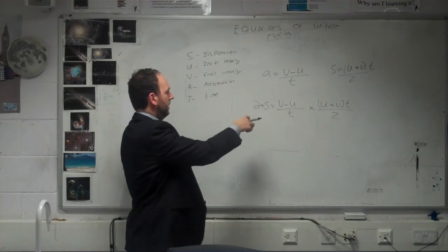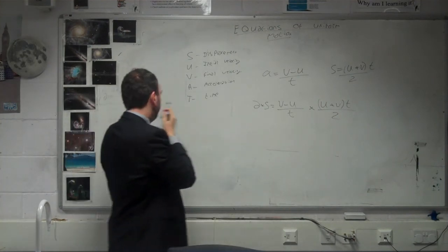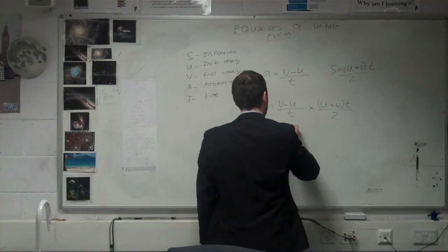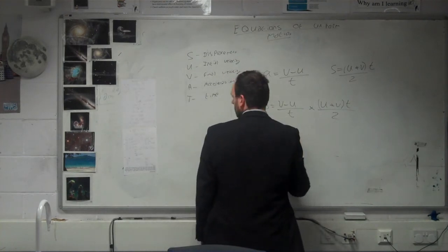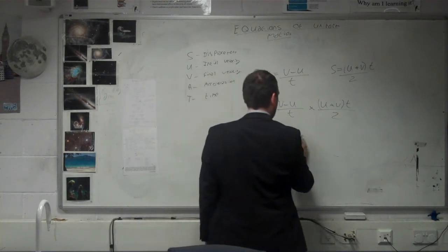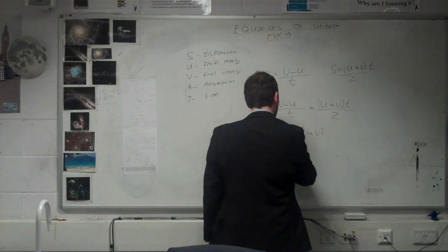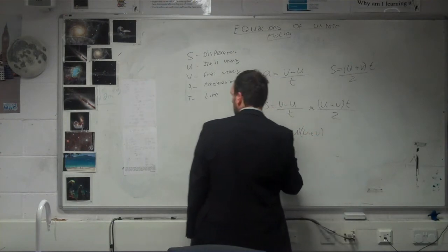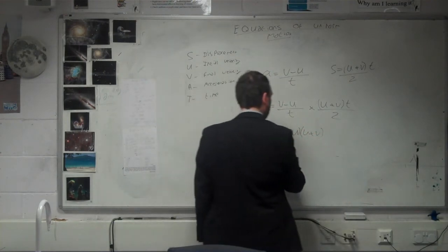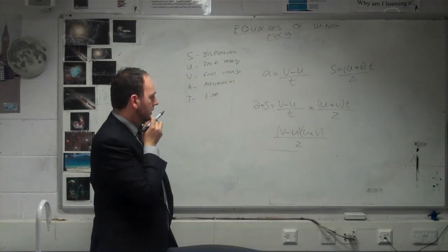Our t's cancel out, so we end up with v minus u times u plus v all over 2. Our t's are cancelled out, we've kept the 2.